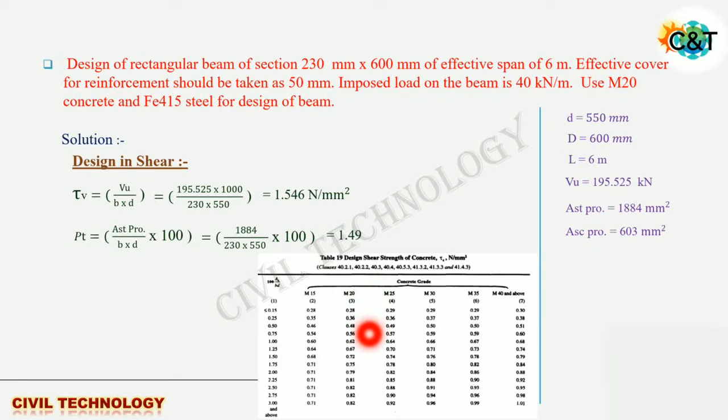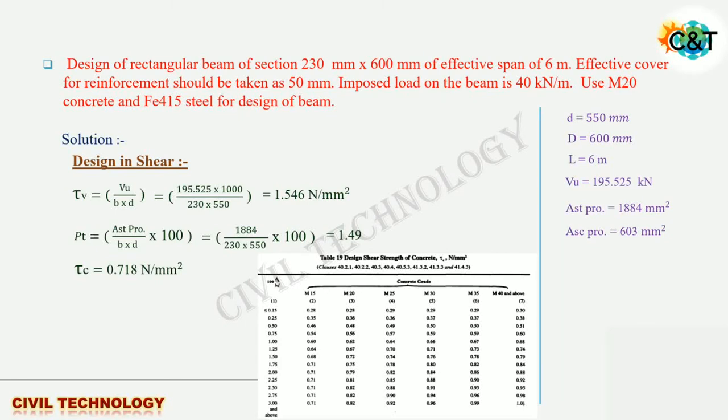So our value lies between 0.67 and 0.72. If you do the interpolation on your calculator, you will get the tau c value, and that is 0.718 Newton per mm square. This way we calculate the design shear strength of concrete.